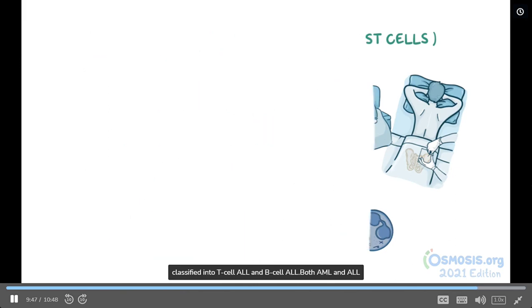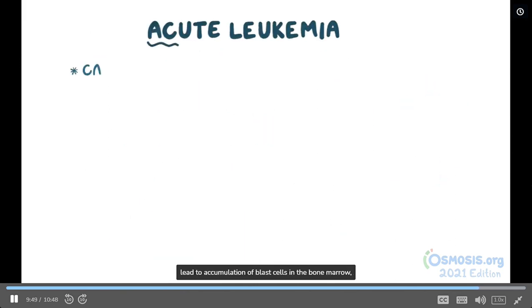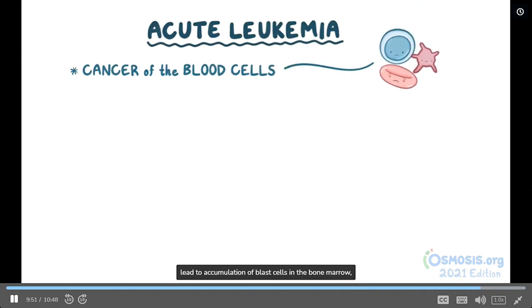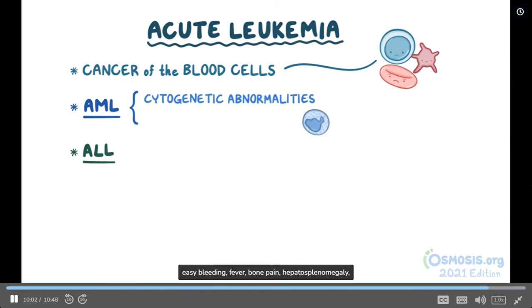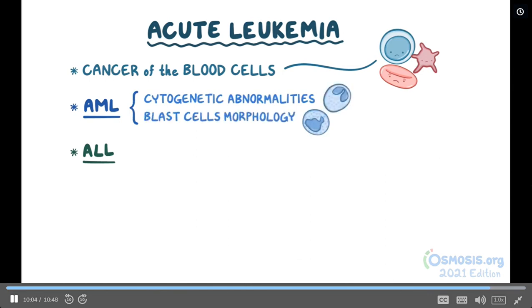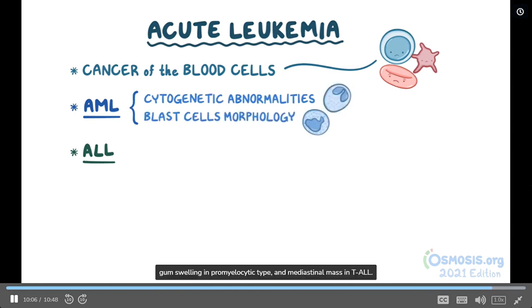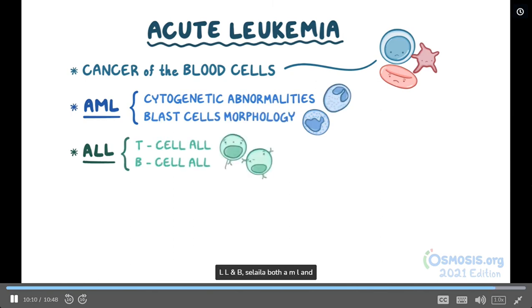Alright, as a quick recap. Acute leukemia is a cancer of the blood cells and is classified into AML and ALL. AML can be further subdivided into different types based on cytogenetic abnormalities or blast cell morphology. ALL, on the other hand, is classified into T-cell ALL and B-cell ALL.